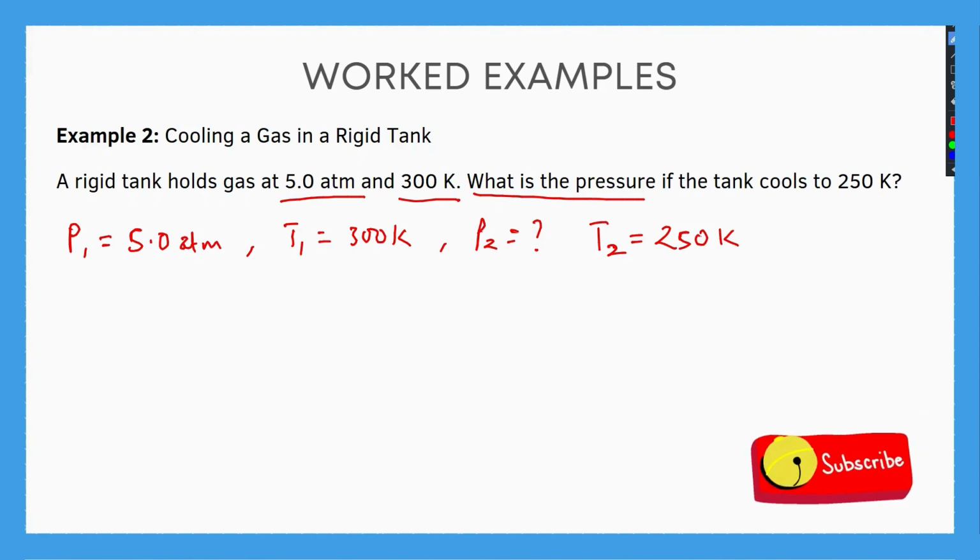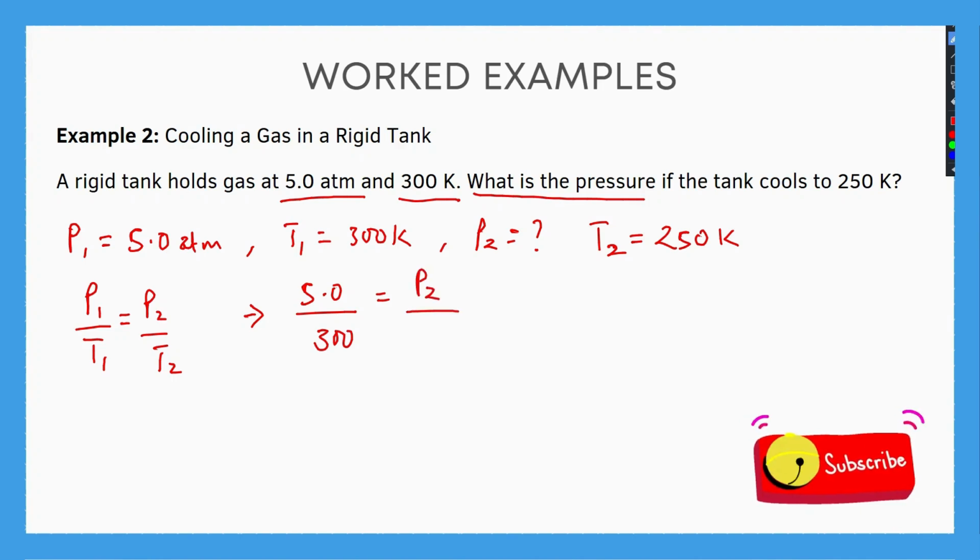So now let's impute our variables into the formula that says P1 over T1 is equal to P2 over T2. What's P1 in this case? P1 is 5.0 divided by T1, which is 300. That is equal to P2, which is unknown, divided by T2, which is 250. So let's cross multiply.